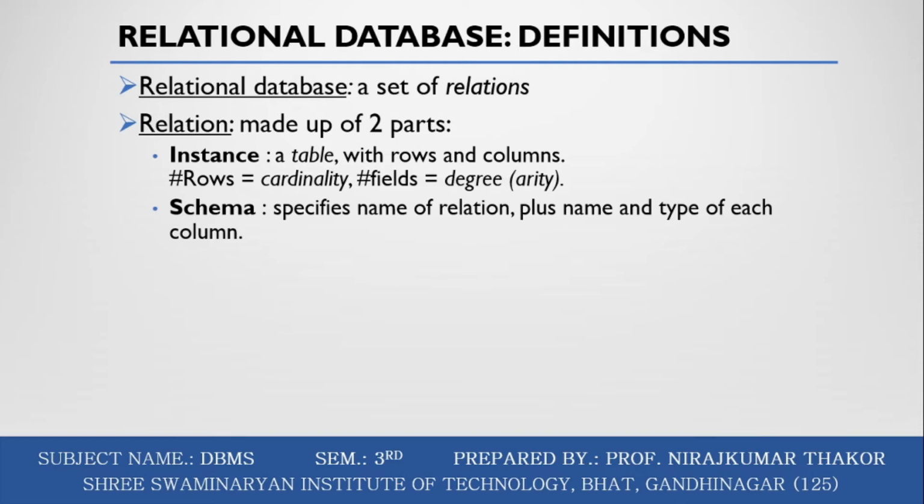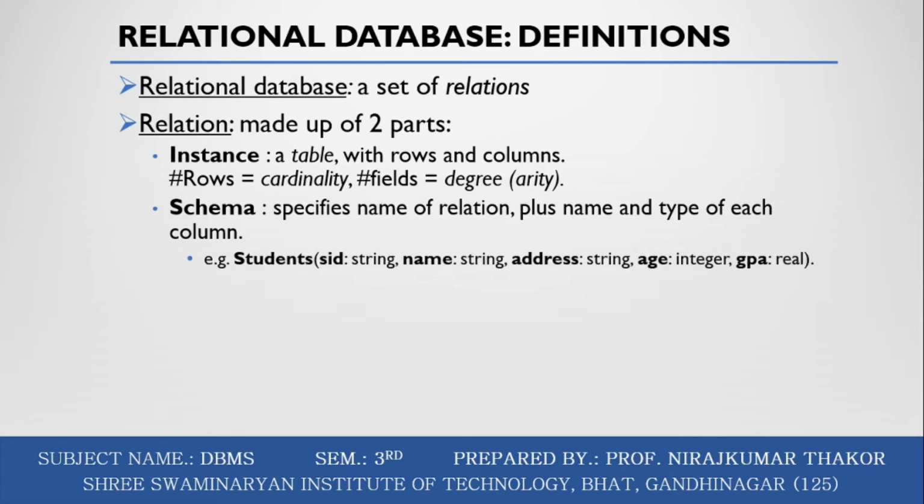And the second one is schema. A schema specifies the name of the relation plus the name and type of each column. For example, in students, the student ID is a string, the name is a string, the address is a string, age is an integer, and the GPA is real. Okay, this is the schema that specifies the name of the relation plus the names and data types.